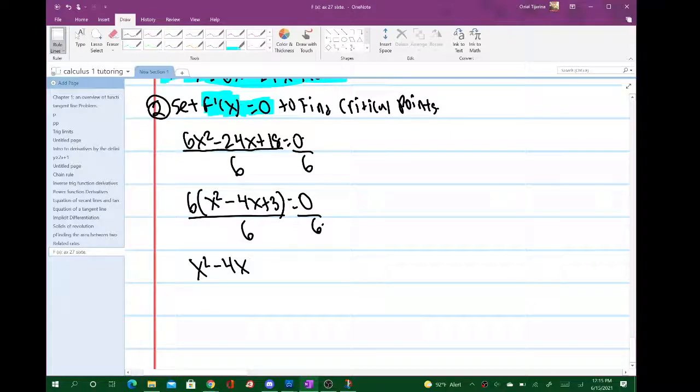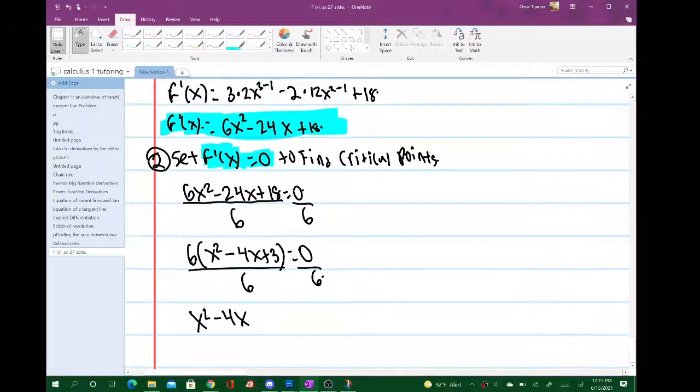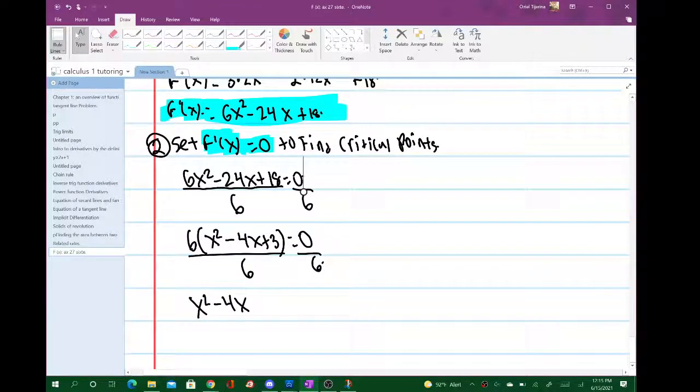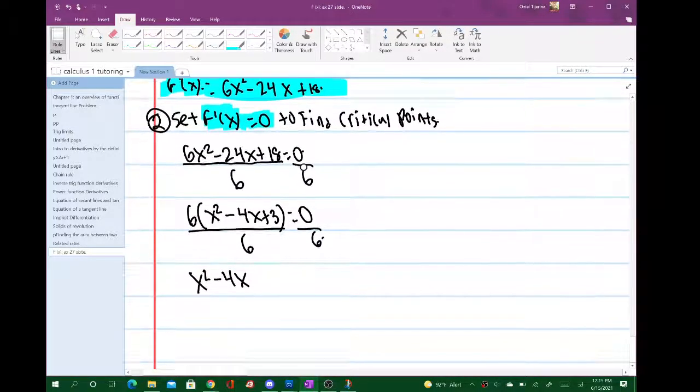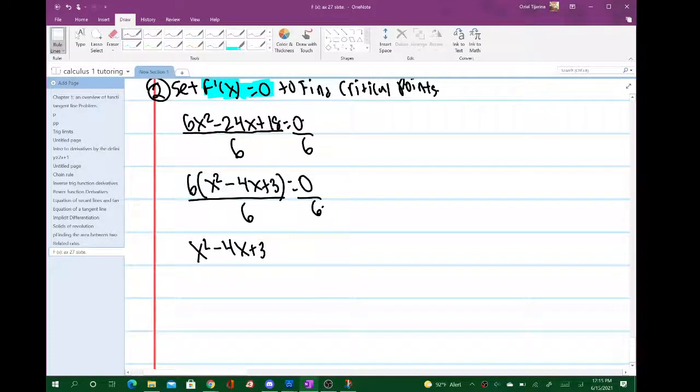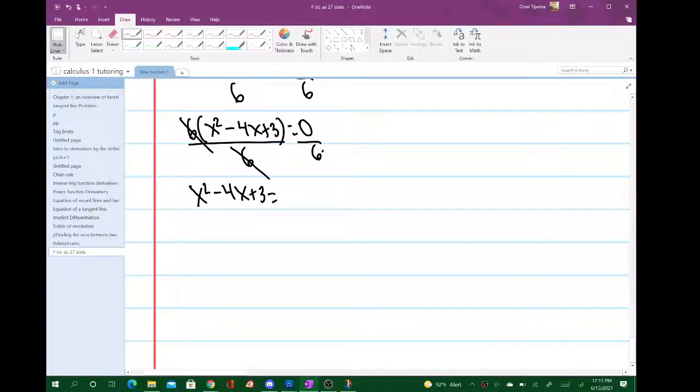Oh, and by the way, wait, I'm correct. It's x squared minus 4x plus 3, because these two cancel out, equals 0.